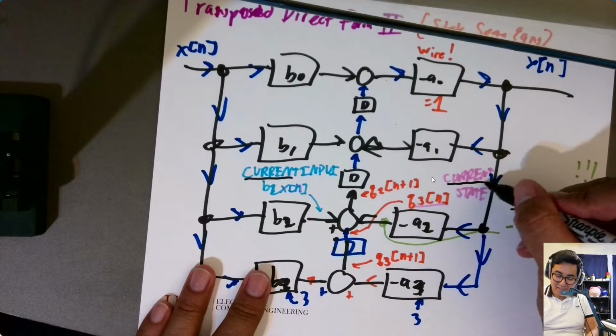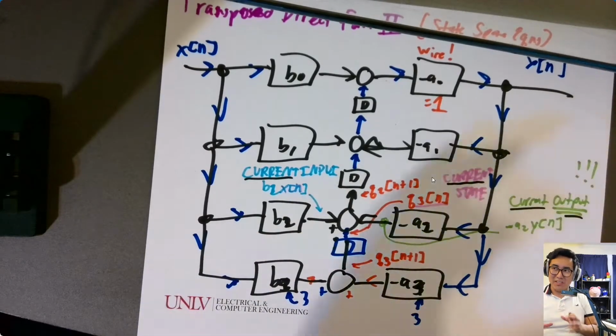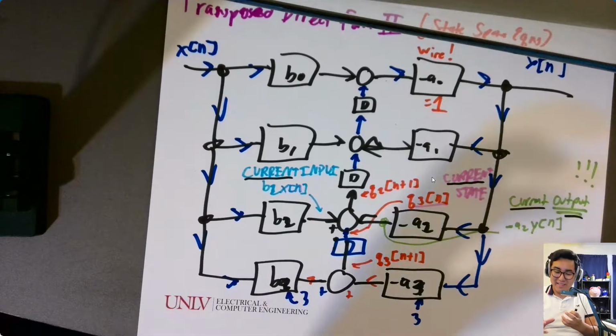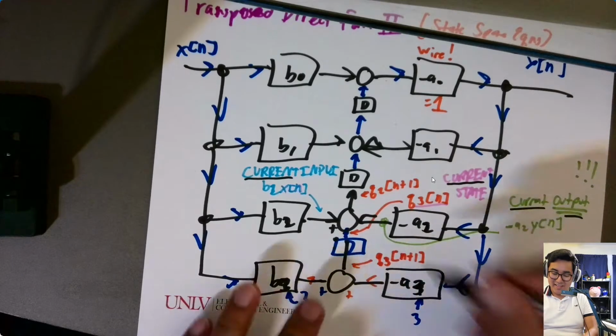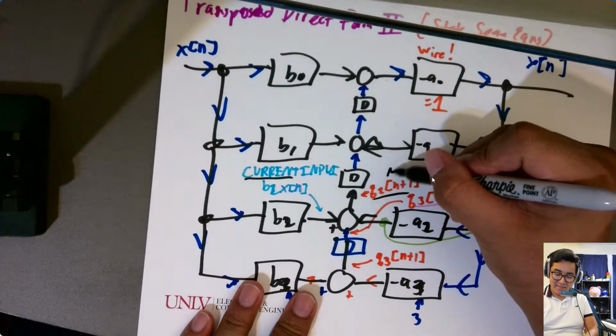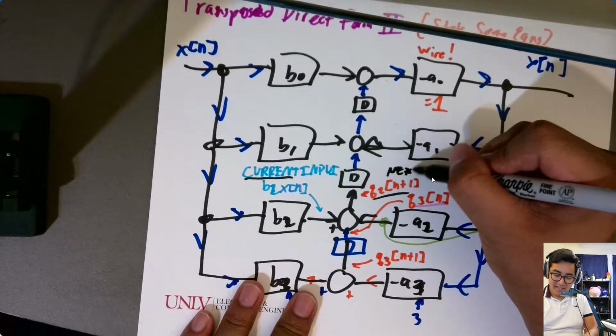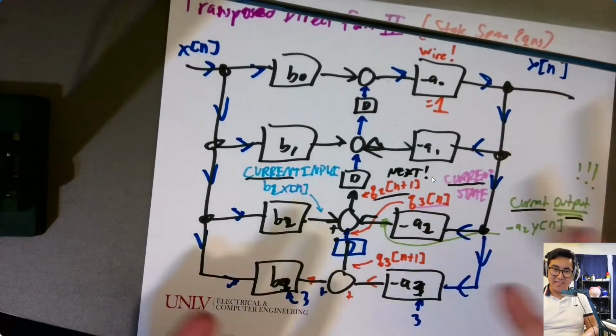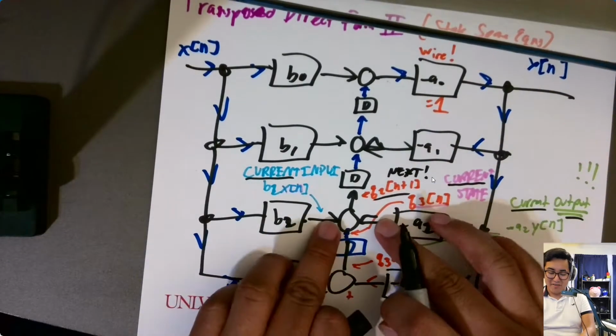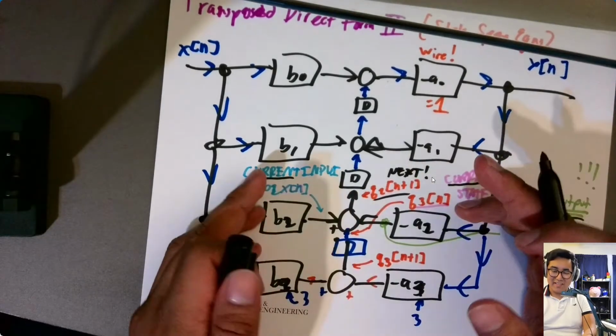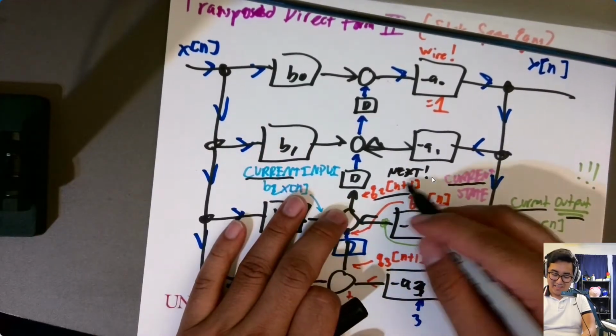We have 3 current conditions, 3 current things. What's the next thing? Which is this. This is our next state, the next state that we can have. So add all this, and then what's our next state, which is this.